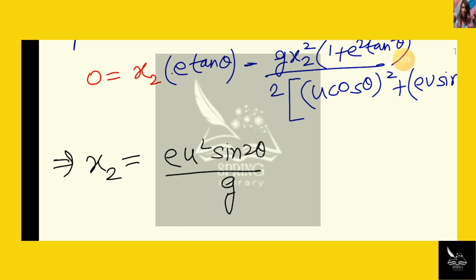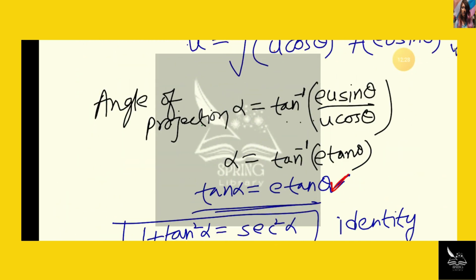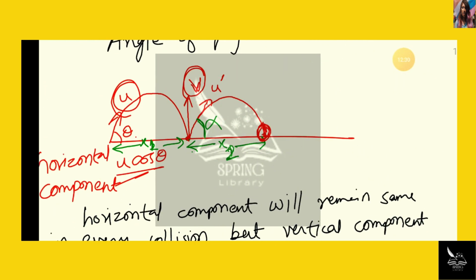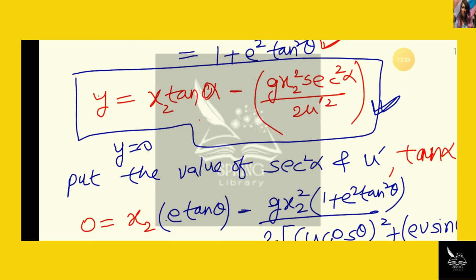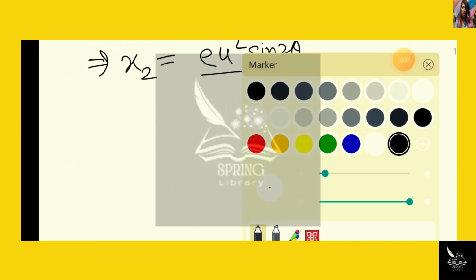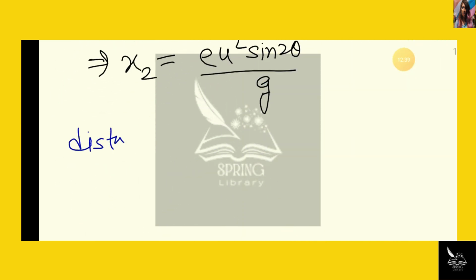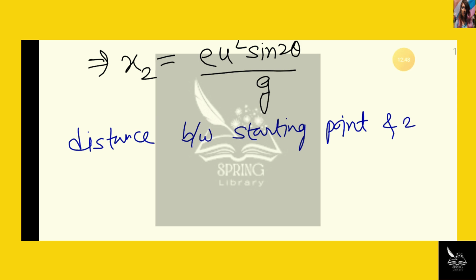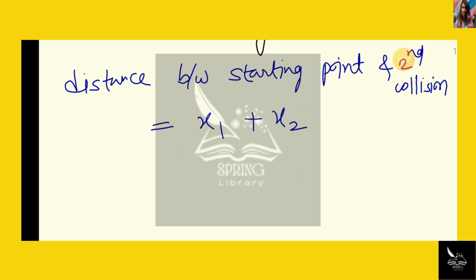Now the question asks that we have to find the distance between the starting point and the second collision. So it will be written as the distance between the starting point and the second collision, which will be equal to x1 plus x2, where x1 is the horizontal range, and we know the general formula for horizontal range.